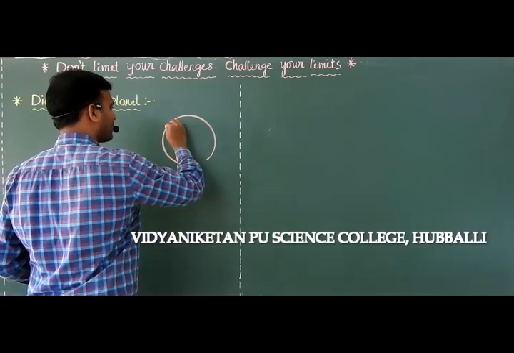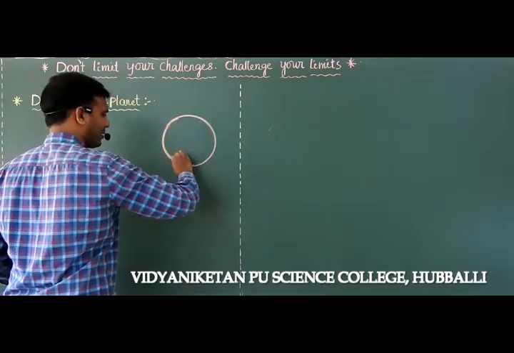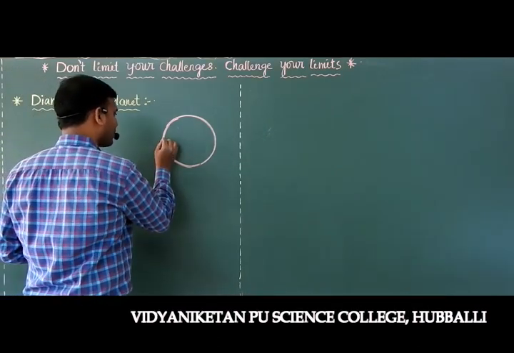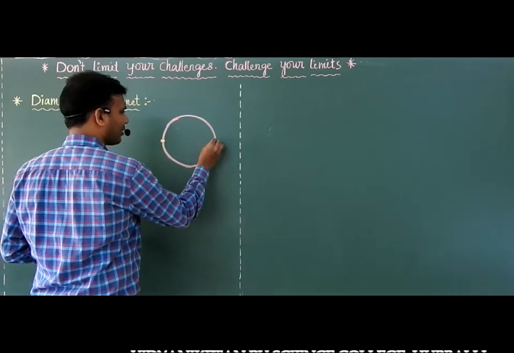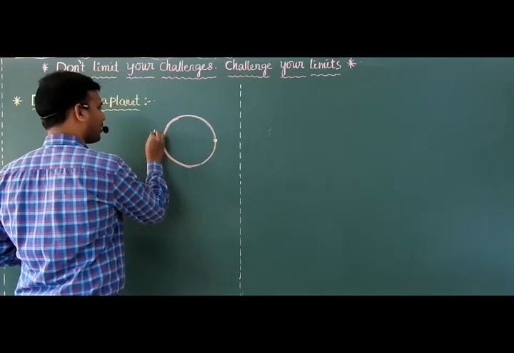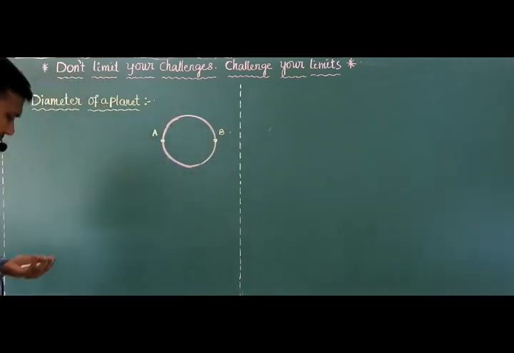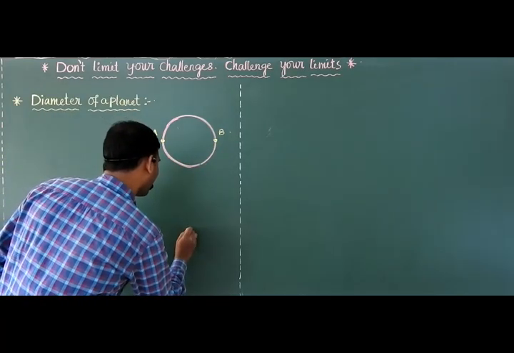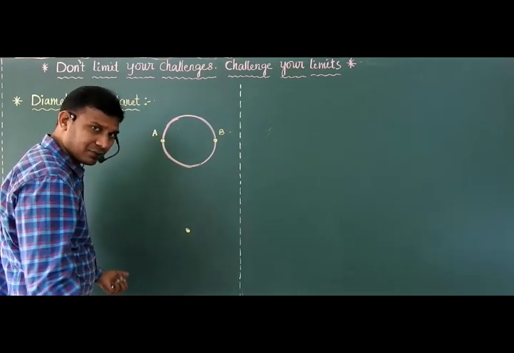Alright? Okay, let us assume it is our imaginary planet. For this, you just consider two diametrical points, A and B. Now, you are observing these two diametrical points from the surface of Earth.